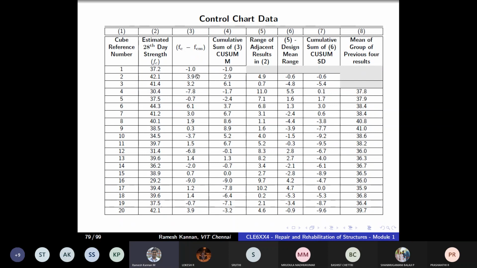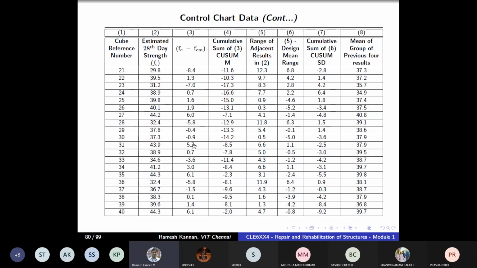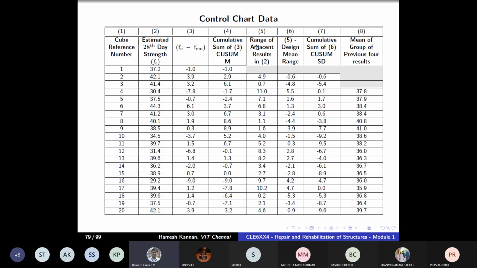Sorry, this one. The values in which it gets varied, not this one, this one. 3.9 minus of minus 1.0 is 4.9, and similarly the result goes on and on. 0.9, and this is an absolute value, so remember this is an absolute value.